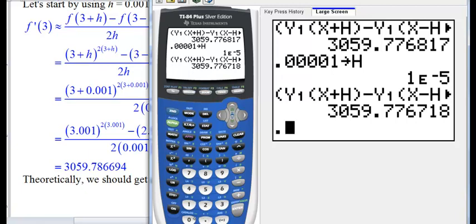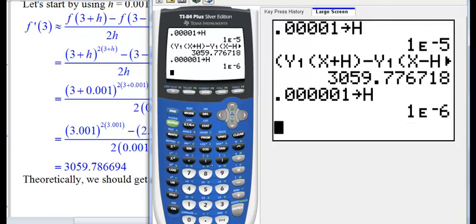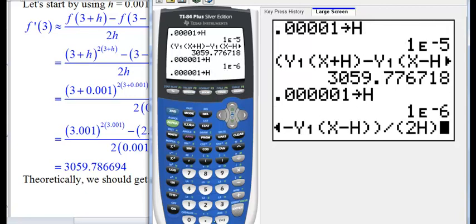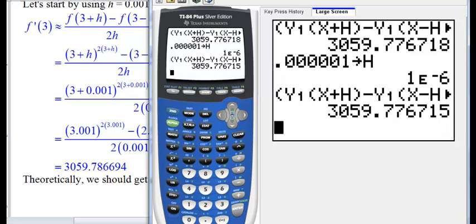Let's put in a smaller h, 0.00001. Okay, and let's see what it turns out to be this time. Notice this time they agree. It's only the last digit that's off. So this one here is probably accurate as far as the digits that it shows.